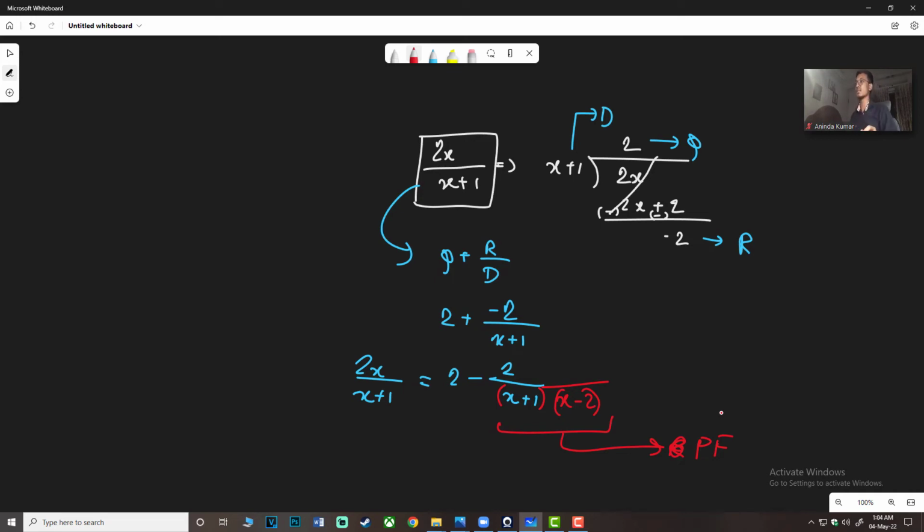Okay, I think we have something. So we are moving on to example number 5 now. We're doing example number 5 of the book, which has something like this: 3x cube divided by x minus 1, x minus 1 and x minus 2.